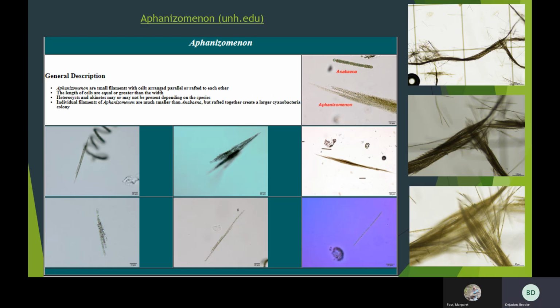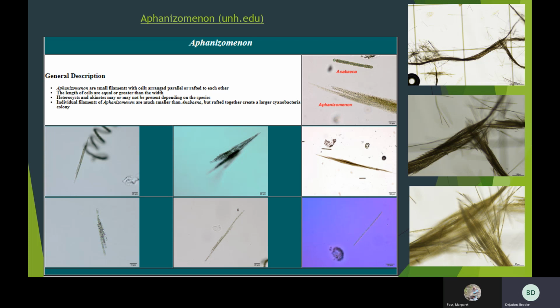But what I like about this key especially is that it gives a lot of different examples of the organism you might be looking at and a general description. It's hard to read from here, but this is Aphanizomenon. It's known to produce saxitoxin, actually, very similar to marine HABs.